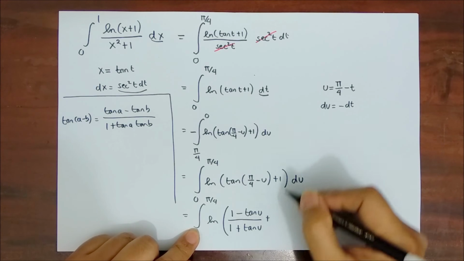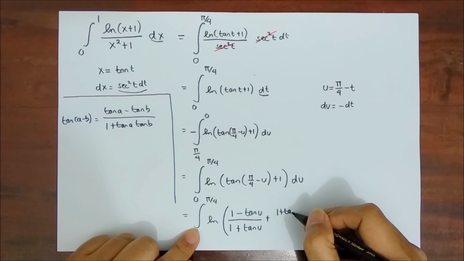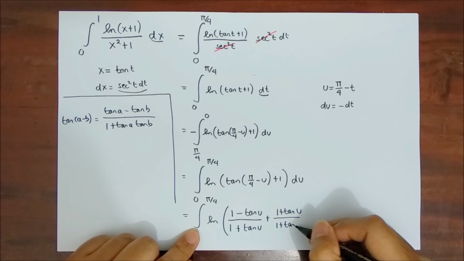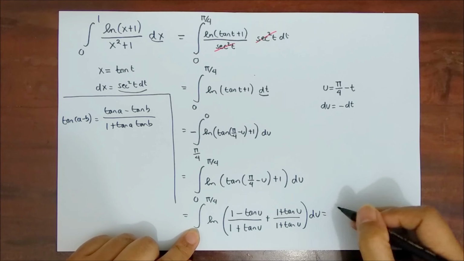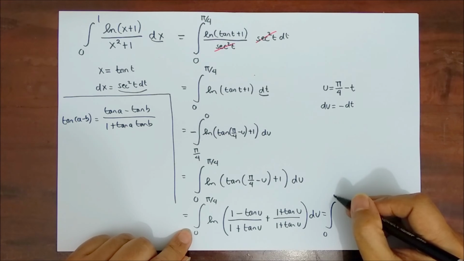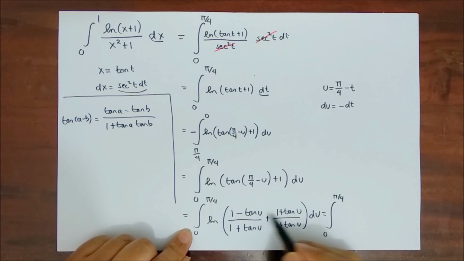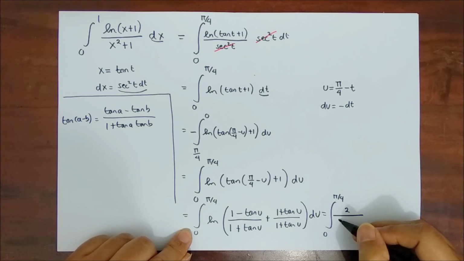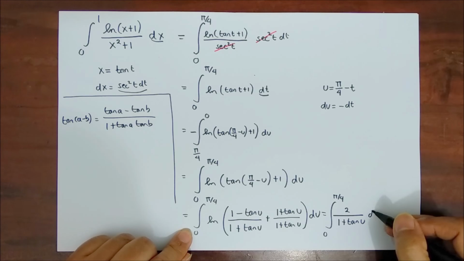Now we rewrite the 1 as (1 plus tan u) plus (1 minus tan u)... and if we simplify, we're left with 2 on the top and 1 plus tan u at the bottom.